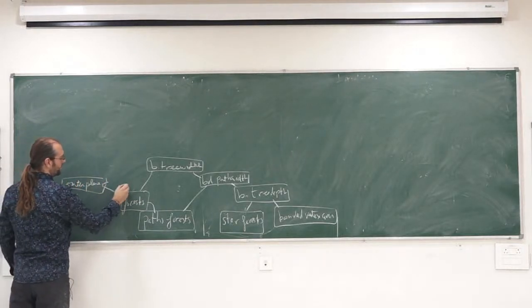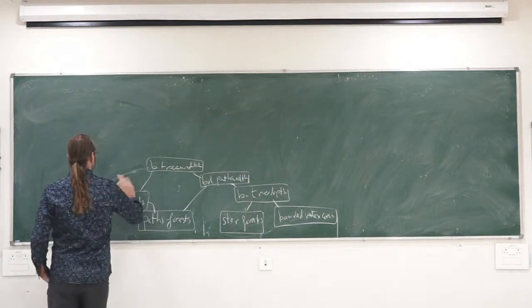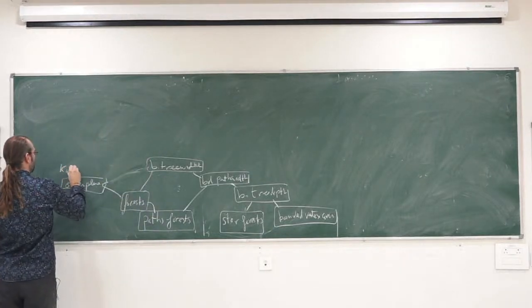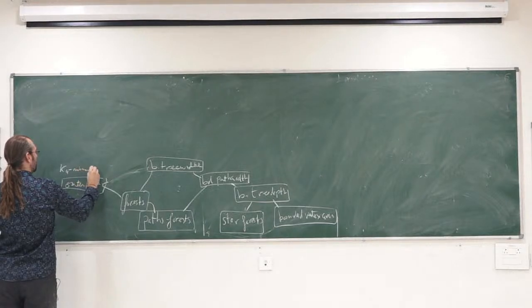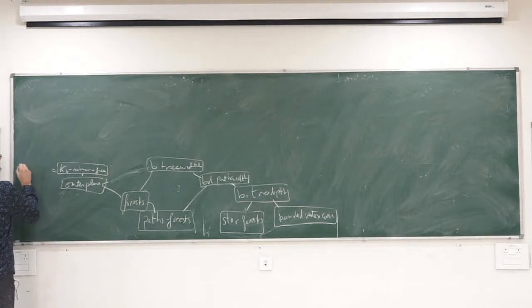Question about them. This is in fact K4-minor-free graphs. We also saw that. So these are in particular the same as 2-trees, partial 2-trees.